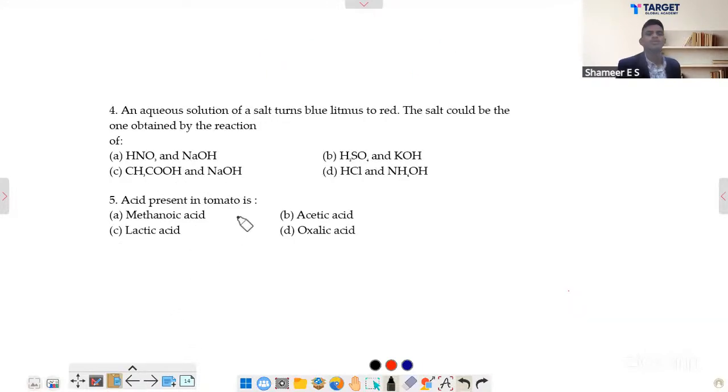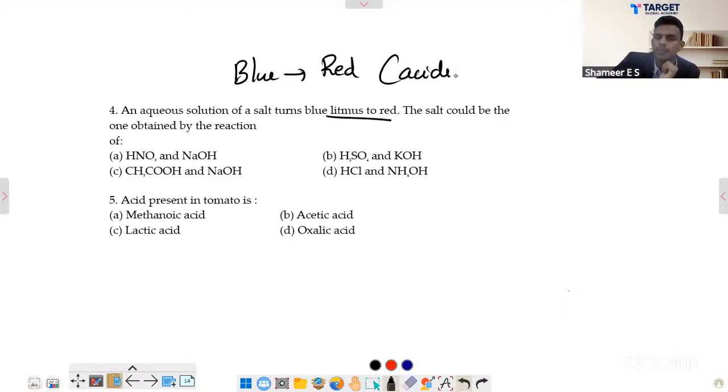An aqueous solution of a salt turns blue litmus to red. The salt could be obtained by the reaction of which? Here you can see blue to red. Blue to red conversion is possible only if your salt is an acidic salt. How is an acidic salt formed?